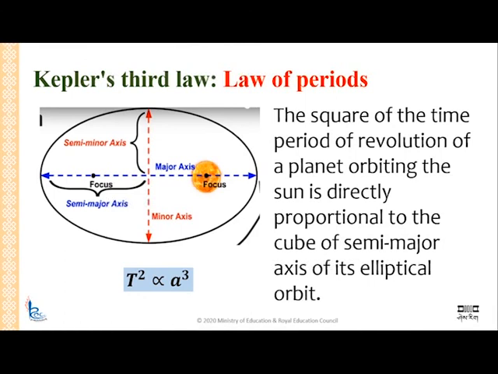This is the reason why planets closer to the Sun, like Mercury, take less time to revolve because they have a small semi-major axis, whereas a planet like Jupiter takes longer to revolve because of the larger semi-major axis. So Kepler's third law is given by T square is directly proportional to A cube.